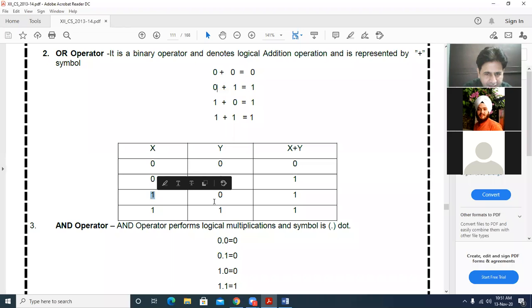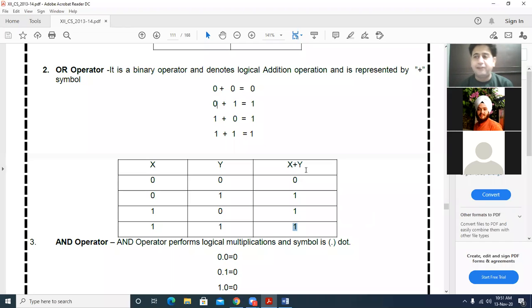If X is 1 and Y is 0, again the overall result is 1. If X is 1 and Y is 1, the overall result is 1. In Boolean algebra, we represent OR with the help of the plus symbol. So this is the truth table of OR.